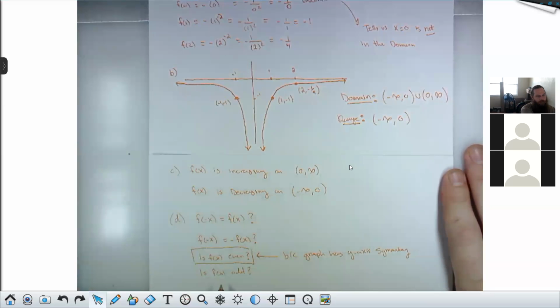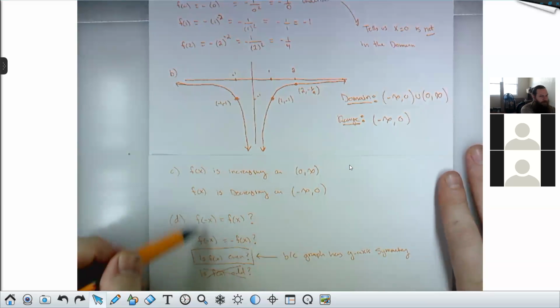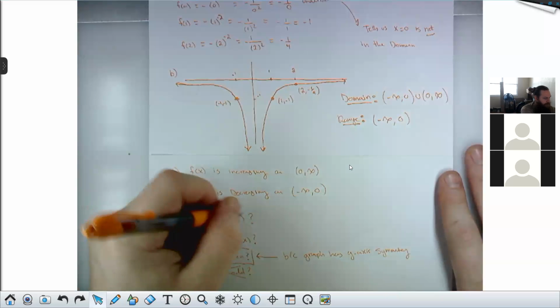Is that possible? No, right? Now, which one of these two is true? Which one of these corresponds to an even function? Good, Logan. Yeah, the first one.